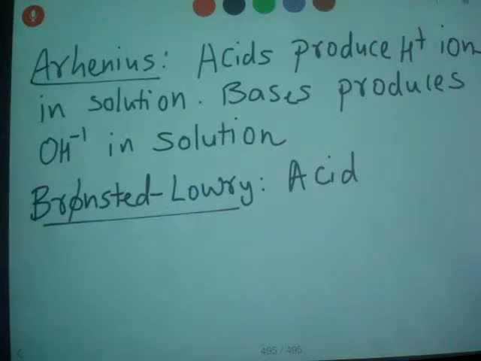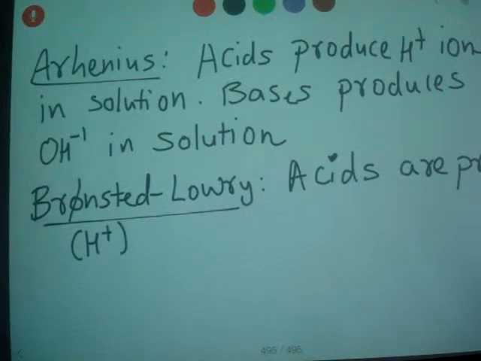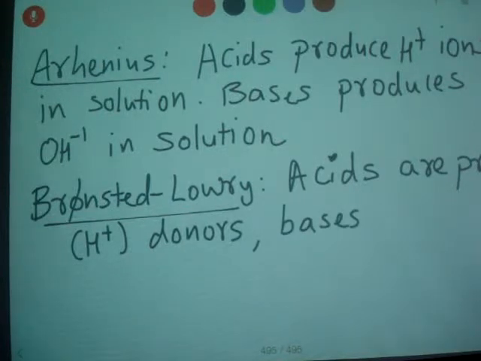He said acids are proton donors. Proton, you know the proton is H+. H+ donors, and bases are proton acceptors.